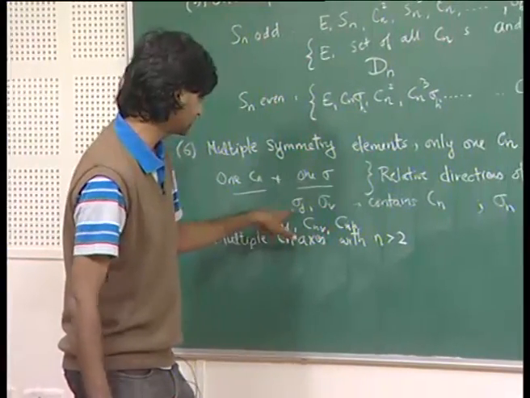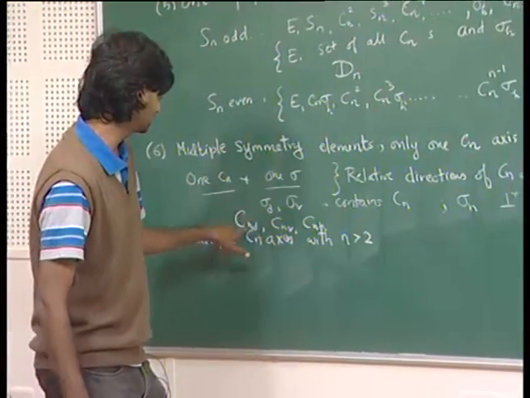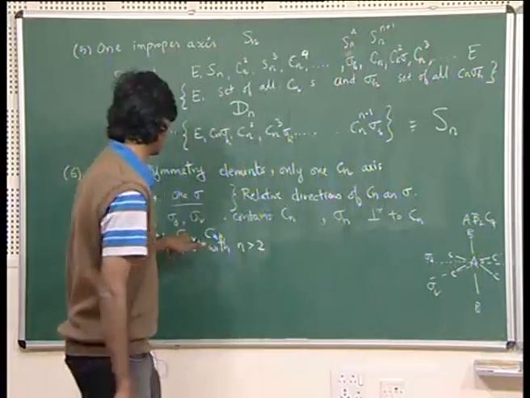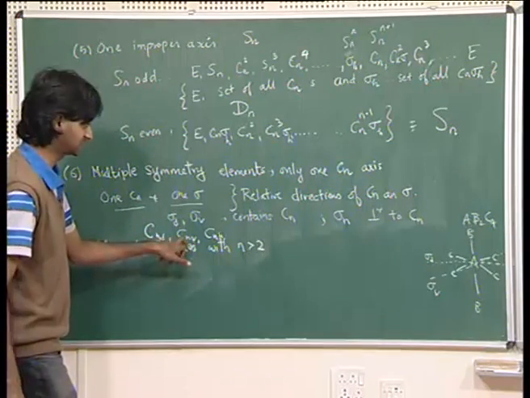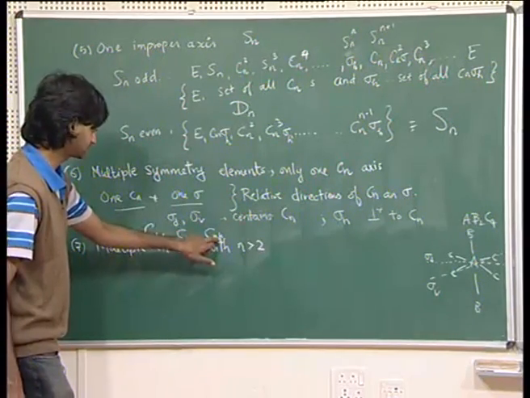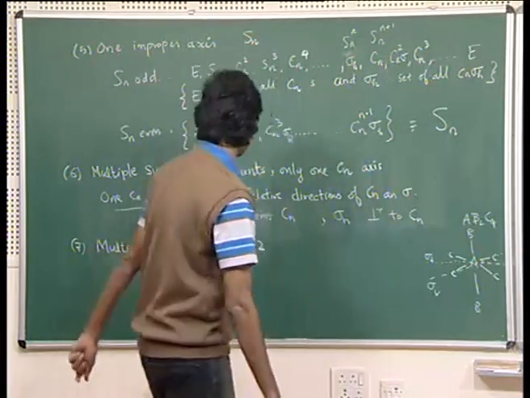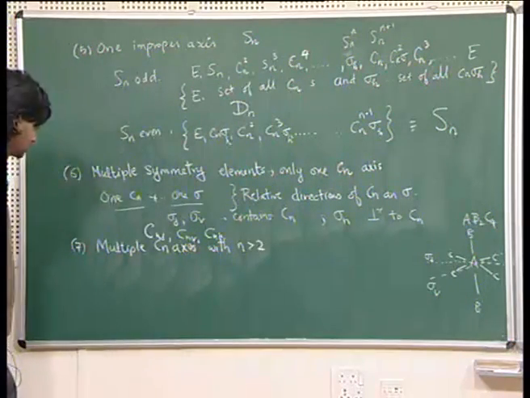If it is a dihedral plane, then you call it C_nd. If it is just a vertical plane, the group is called C_nv. And if it is a horizontal plane, you call it C_nh.